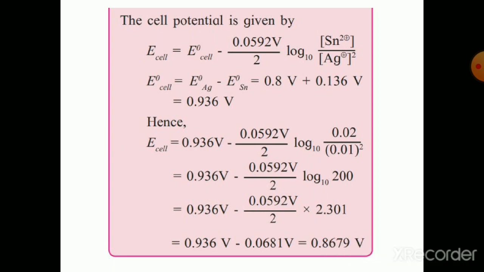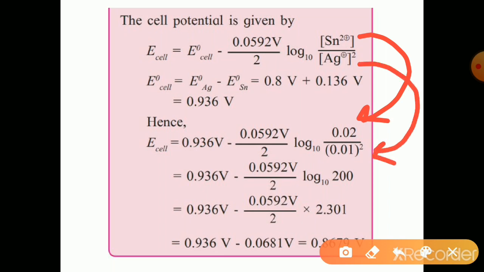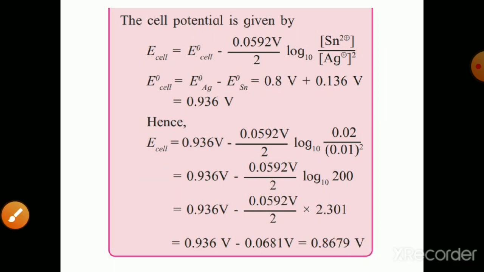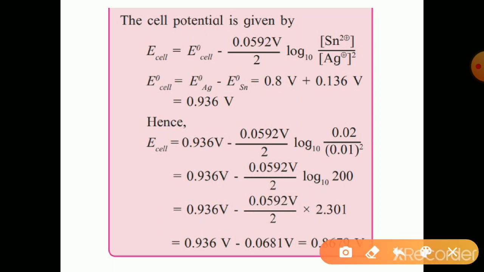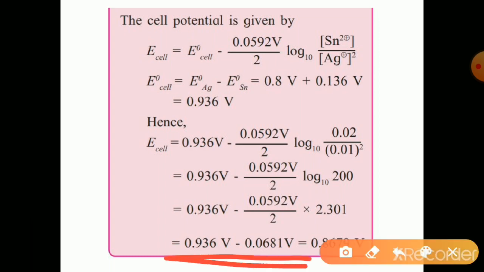It is placed in the Nernst equation, minus 0.0592 divided by 2, as the number of electrons involved is 2, log of concentration of tin, given as 0.02, and concentration of silver, given as 0.01, raised to 2. So when this is calculated, the value obtained is 0.8679 volt. So the unit is also important. Units are important.